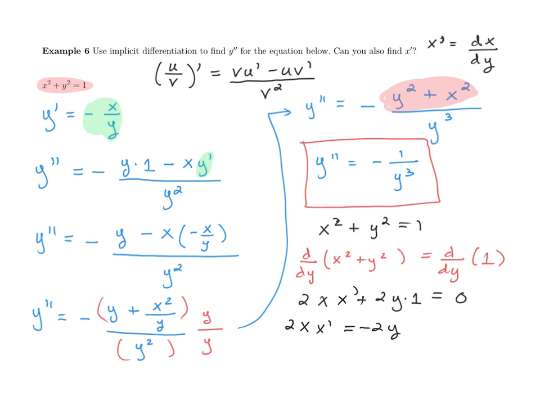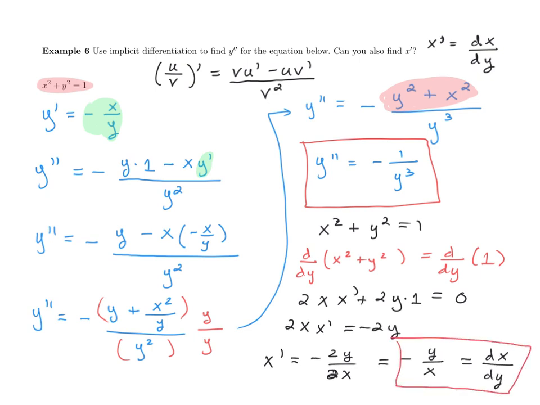And then we'll divide by 2x. And we get that this is equal to negative y over x, which is the same thing as dx/dy. So the takeaway here is you can differentiate with respect to any variable that you choose that appears within your equation. The process is very similar.